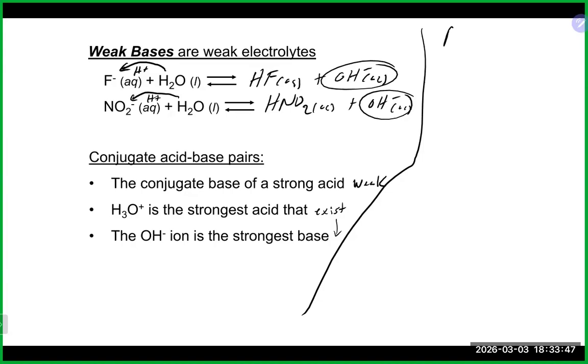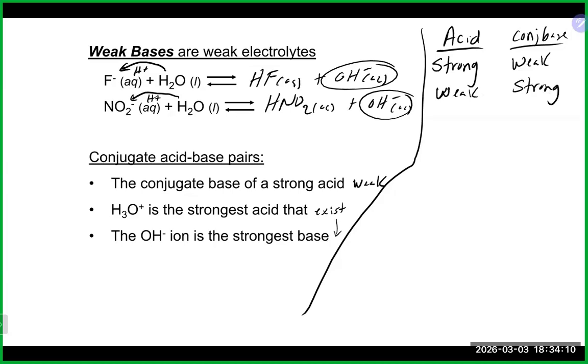So if you have an acid, you would have a conjugate base, the Bronsted-Lowry definition. And if that acid was strong, its conjugate base will be weak. And if the acid was a weak acid, its conjugate base will be relatively strong. And we have the same sort of relationship for our base and conjugate acid.